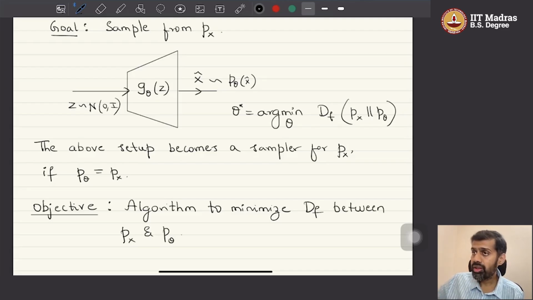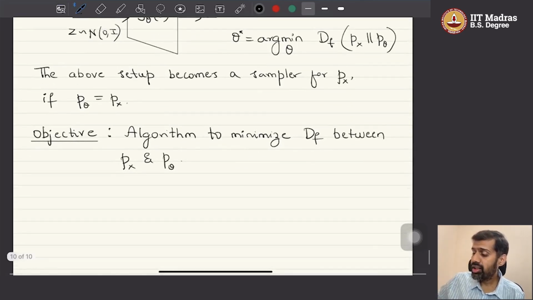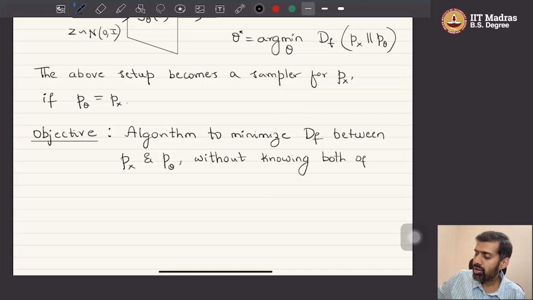Now the other constraint that we have is that we do not know both of them.